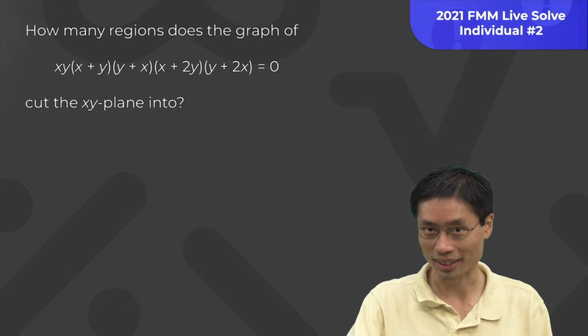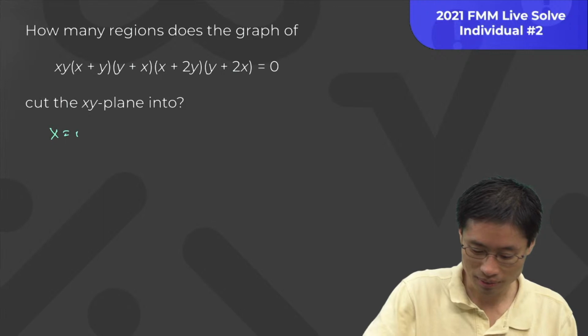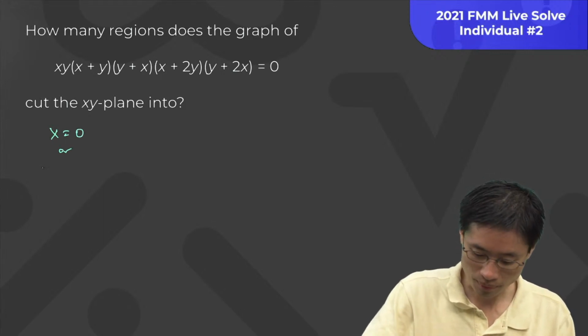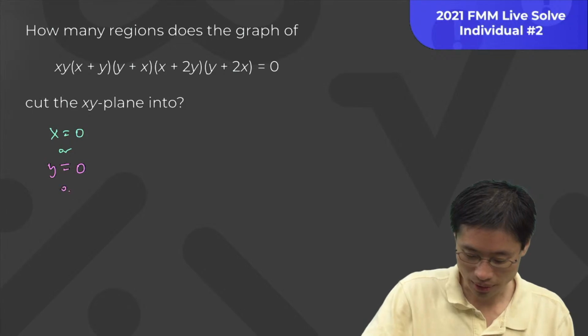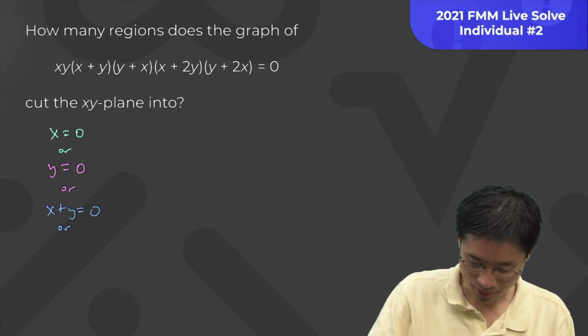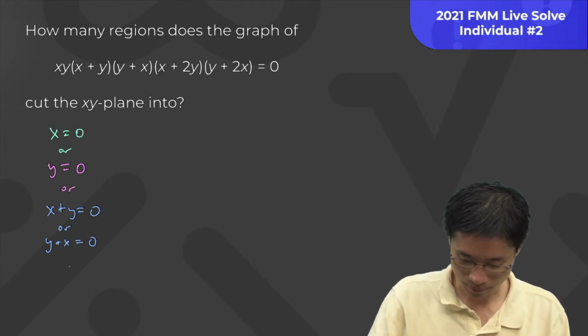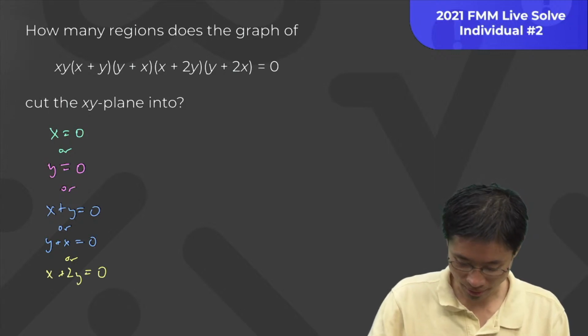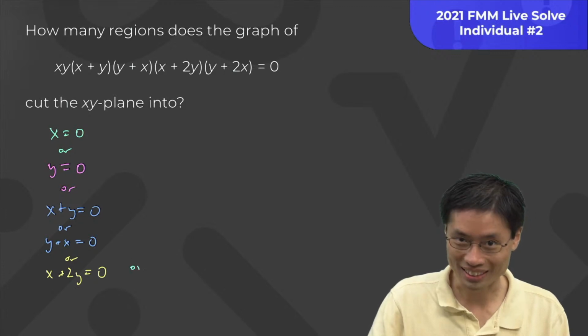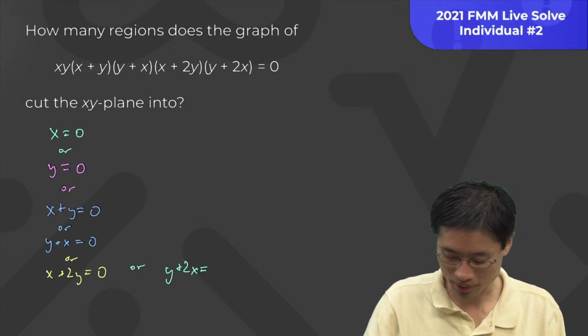So this equation is the same as x equals 0, or y equals 0, or x plus y equals 0, or y plus x equals 0, that's the same, or x plus 2y equals 0, or y plus 2x equals 0.